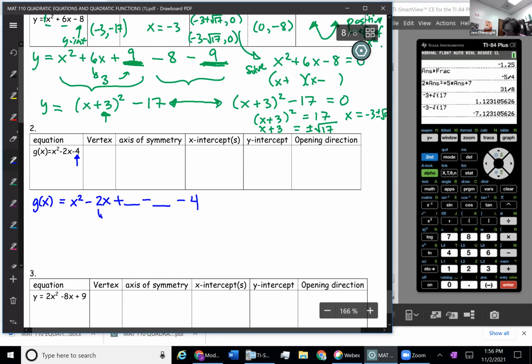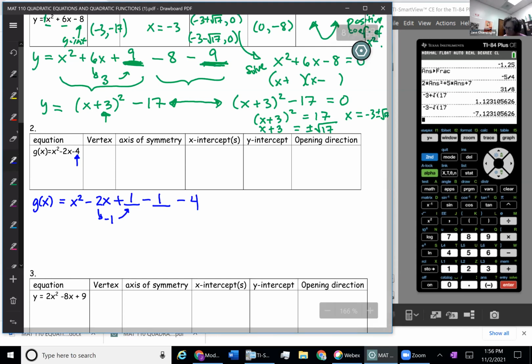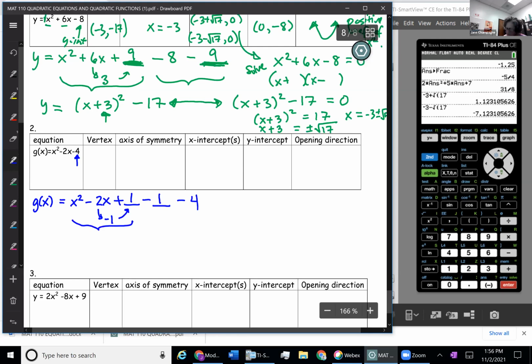What goes in the blank? Half of -2 is -1, squared is 1. That goes in this blank also. So we're adding 1 and subtracting 1, which is 0, so we're not changing it. But then we group. We say, okay, we've got a trinomial here now that factors as x minus 1 times itself, and we've got two numbers that just combine to give you -5.